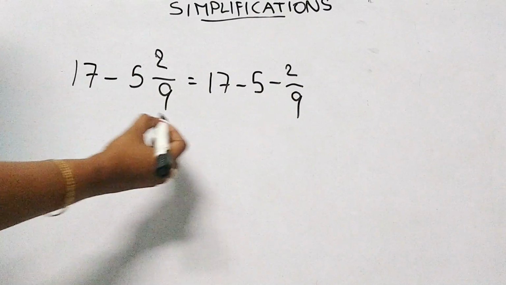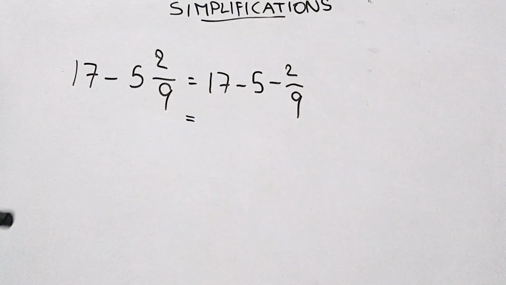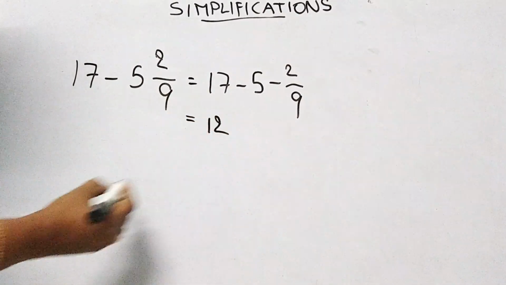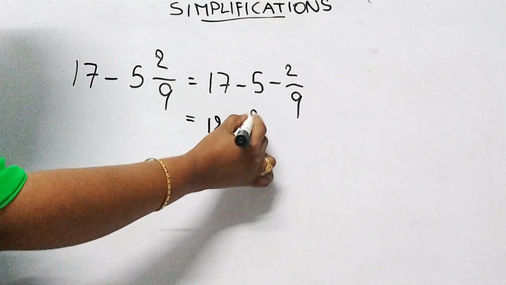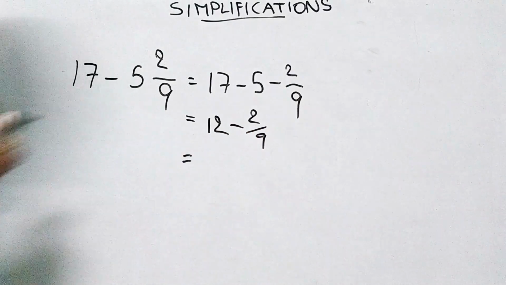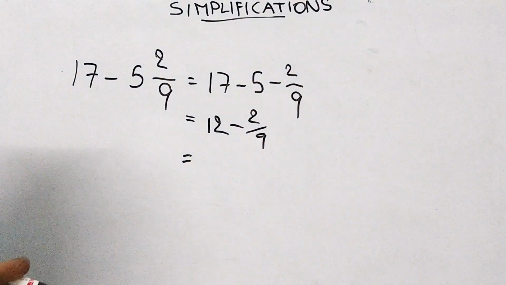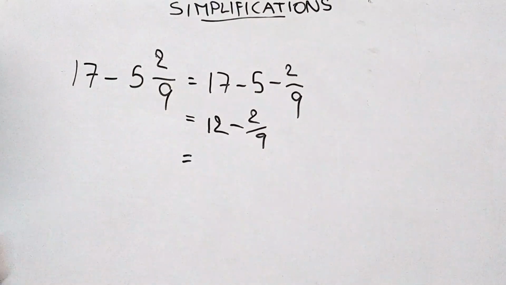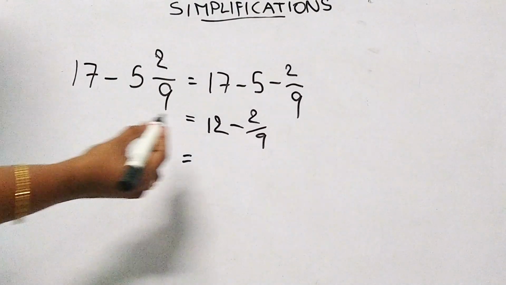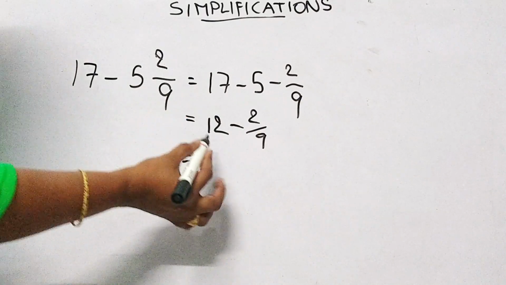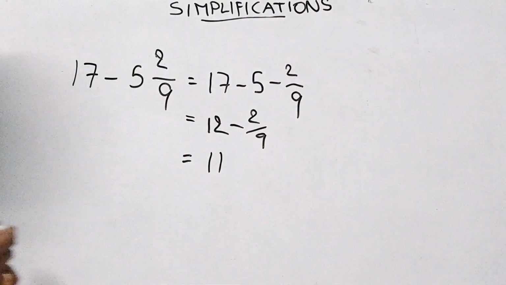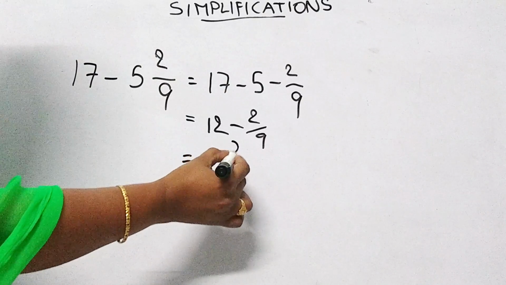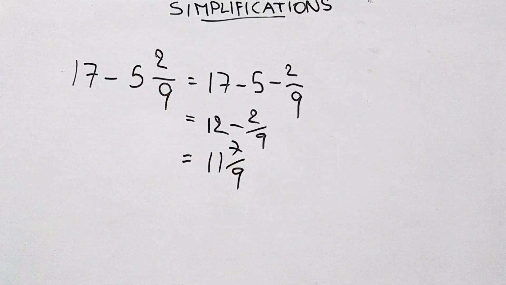Okay. Now subtract 17 and 5. 17 minus 5 is 12. 12 minus 2 by 9. But we have a shortcut with subtractions, right? When we are subtracting, we just reduce 12 by 1, write 11, and the difference of 9 and 2 is 7, so 7 by 9 is the answer.